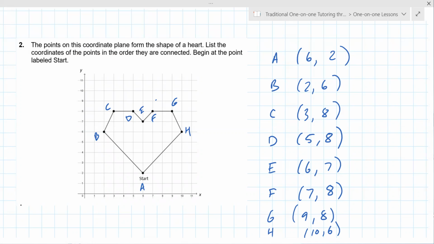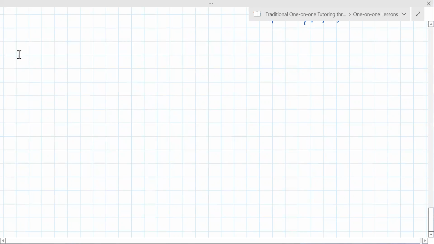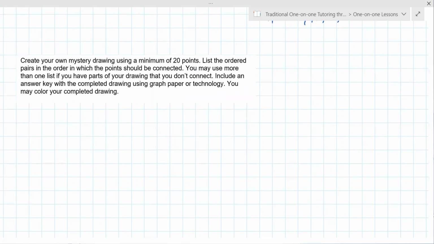So let me, all right, so here we go. This says, can you create your own mystery drawing? You need a minimum of 20 points, and you need to list the ordered pairs in the order in which they should be connected.